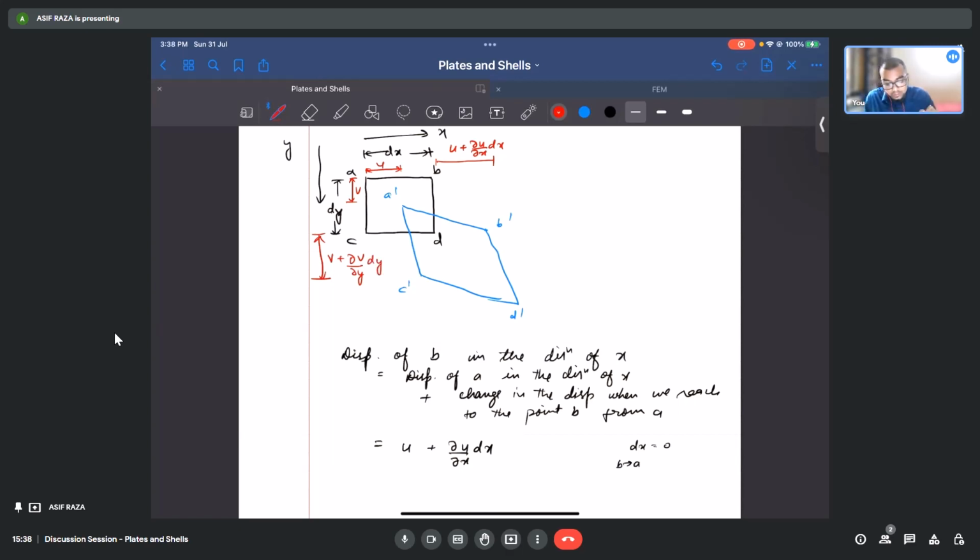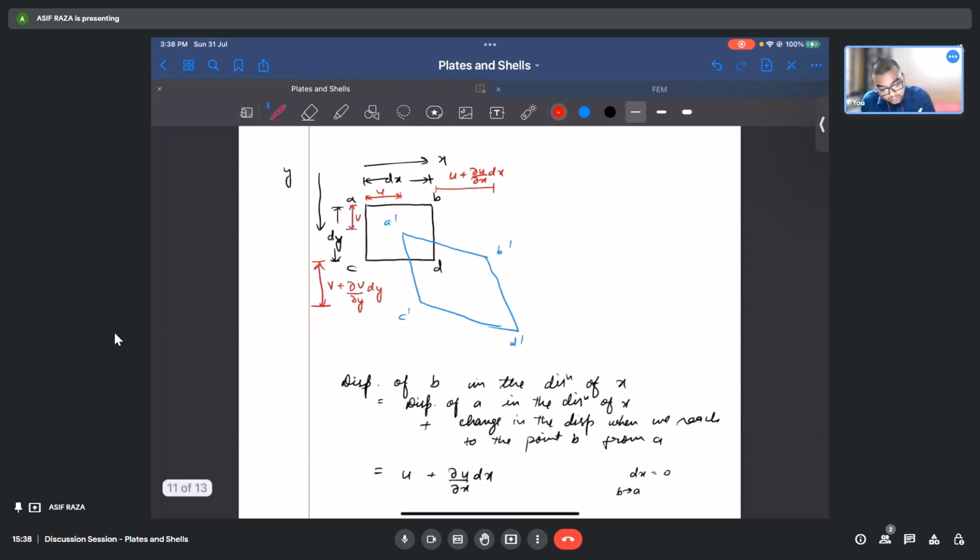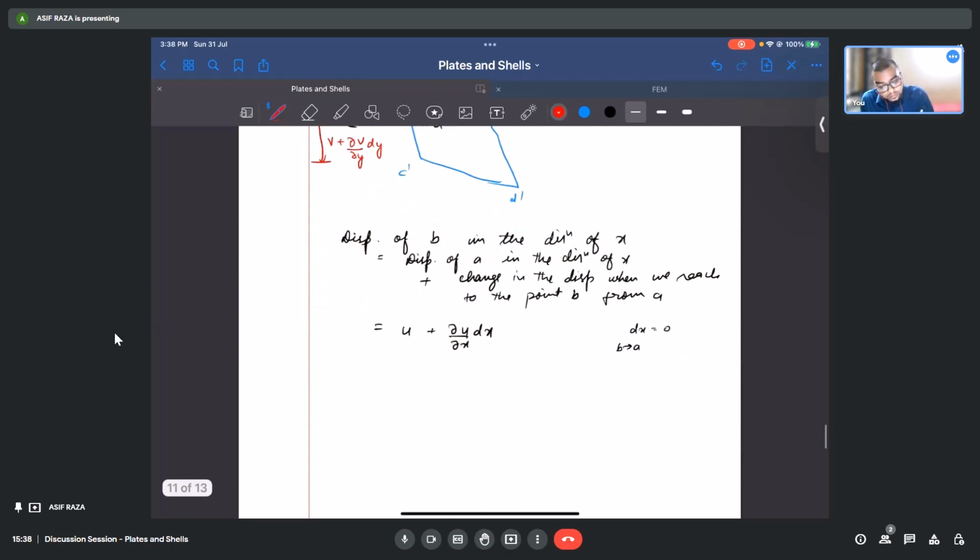So this gives me the displacement of the point C to C dash in the direction of y. Now the displacement of B to B dash in the direction of y, what will it be?